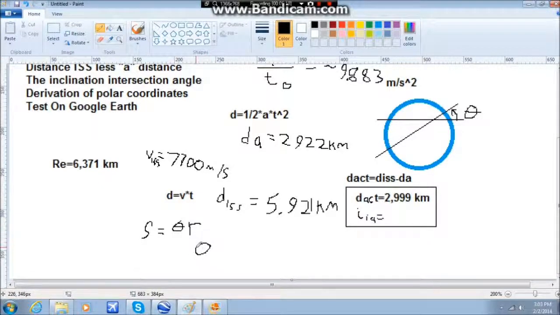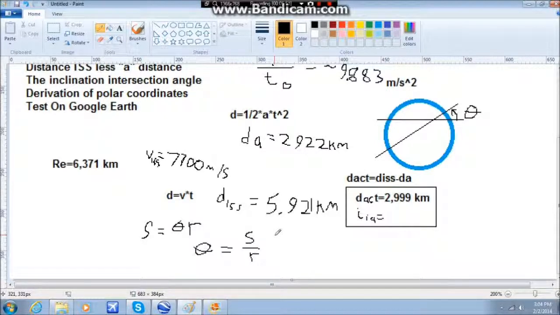So when we solve with simple algebra, we find that theta is equal to S over R. And this basically says that the angle swept out by that distance is going to be equal to the d actual divided by the radius of the Earth. And then we get an angle in radians.